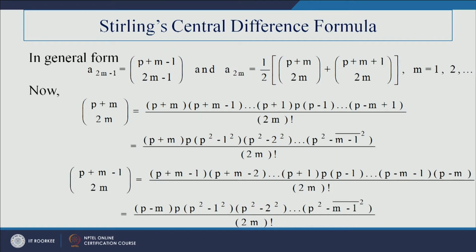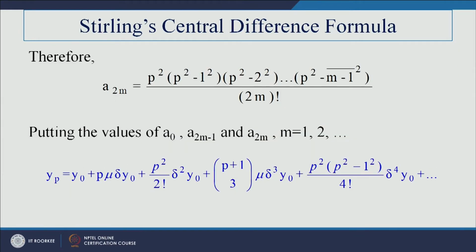So if we expand these terms here, then we can obtain these coefficients as a2m equals p square into p square minus 1 square into p square minus 2 square up to p square minus m minus 1 whole square by 2m factorial here.